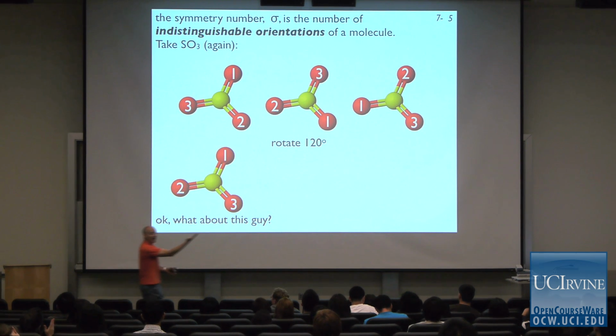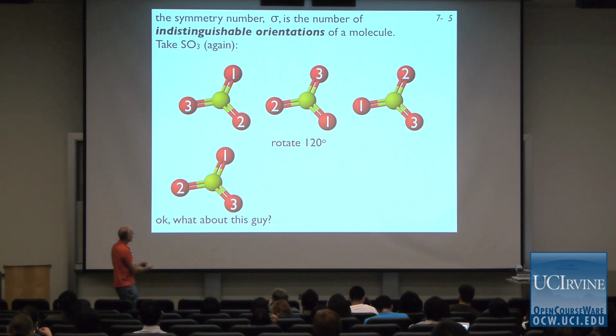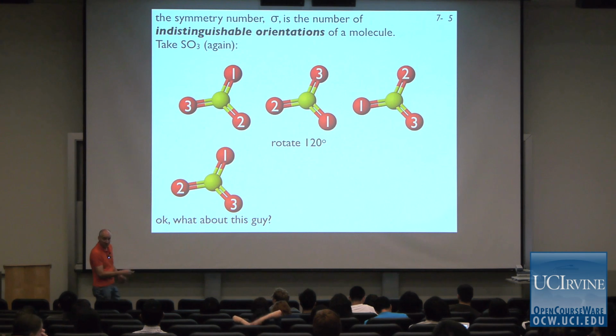With these guys, I rotated, now I flip. Does this look exactly like this? It does. The oxygens are all in the same place, but this is not the same as this, or this. I kept the labels on these oxygens.